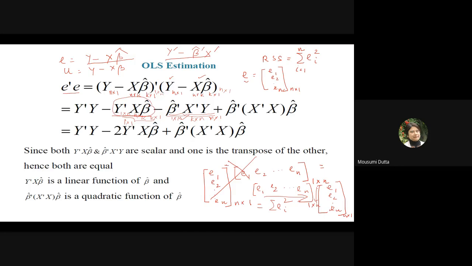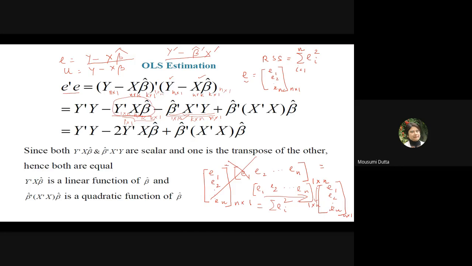When we consider the derivative of E prime E with respect to beta hat, the first element will vanish. So we have to understand the role of the second and the third element. We are not that familiar with differentiation of matrices and vectors, therefore I'll discuss everything step by step.